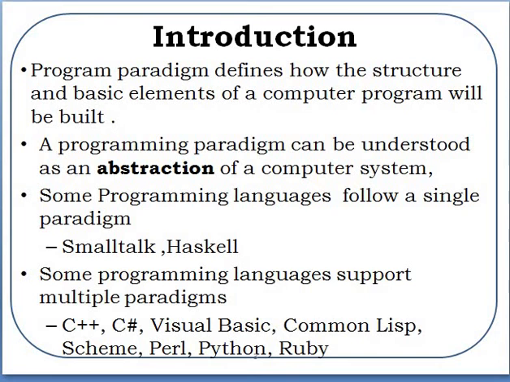Abstraction is the act of representing essential features without including background details or explanations. The abstraction principle is used to reduce the complexity and allow efficient design and implementation of any complex software system.